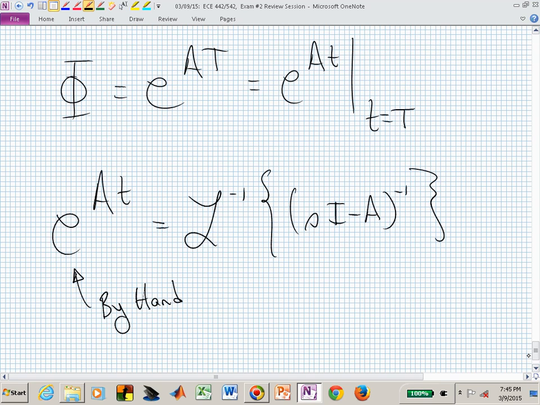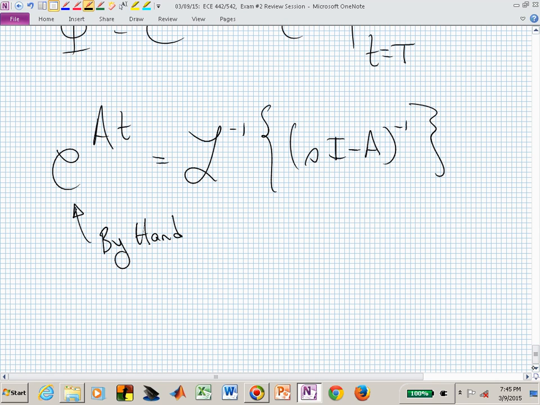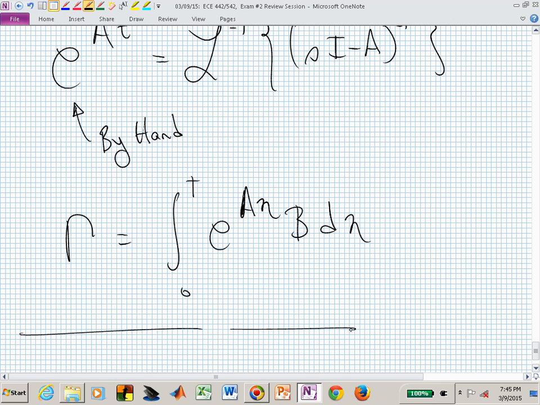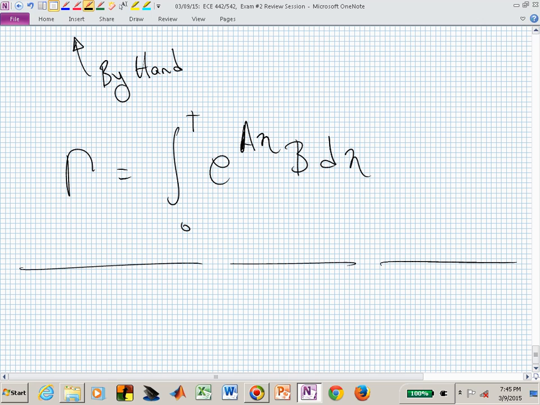Once you have the matrix exponential, e to the A t, you can have e to the A eta, which will allow you to find gamma, which is this integral from 0 to T, e to the A eta B d eta. And as I said before, if you have one input and two state variables, what's B dimensionally?